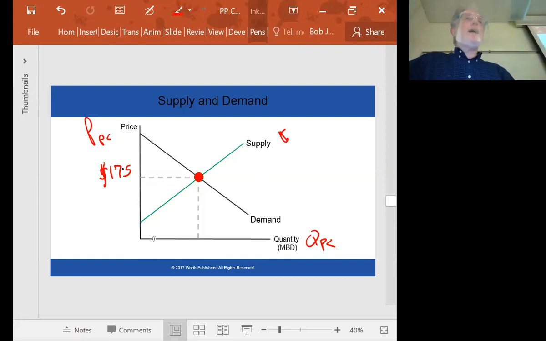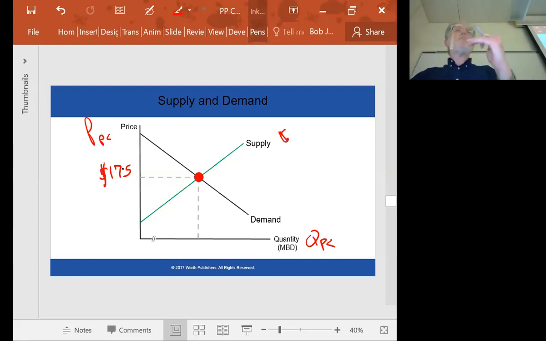Over the decades, one of the things that has happened is that technology has improved. Producers have found better, cheaper ways to produce the same calculator. So if I tell you, this is where we started, and the change that has occurred is that technology has improved, and as a result, the cost of producing the calculator has gone down.